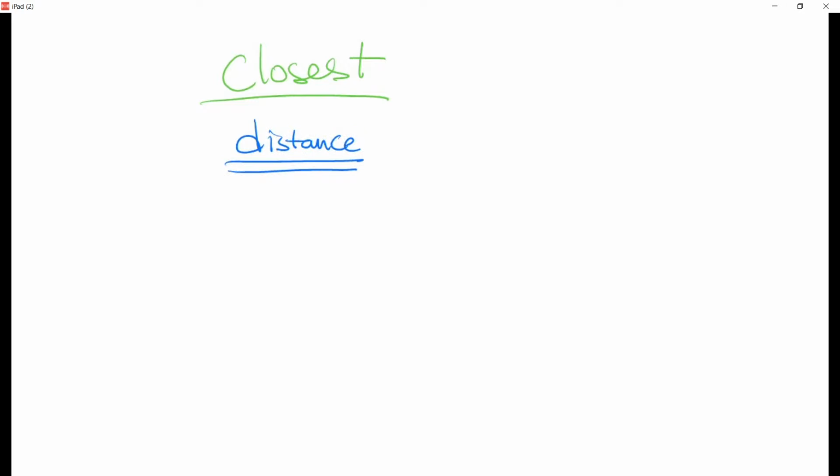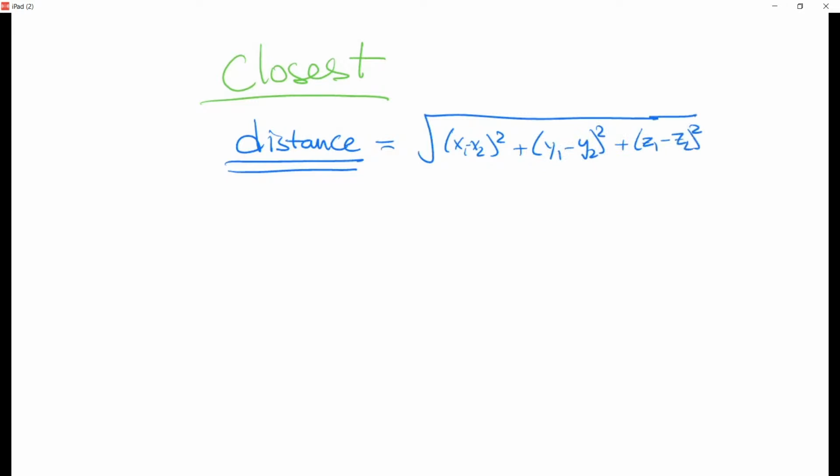This is going to be the square root of (x1 minus x2) squared plus (y1 minus y2) squared plus (z1 minus z2) squared. So I need to find the smallest value for this distance formula.